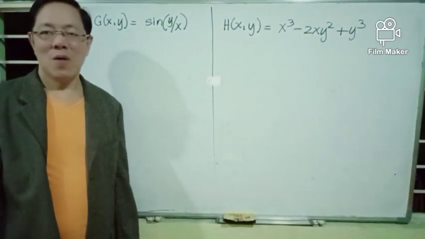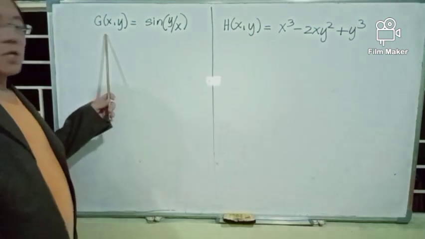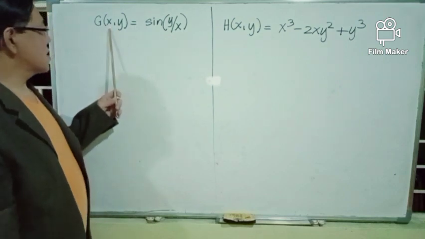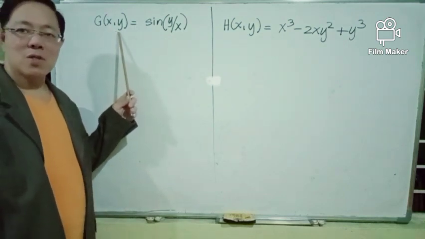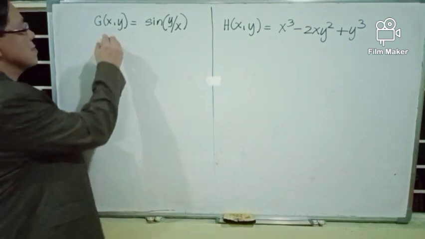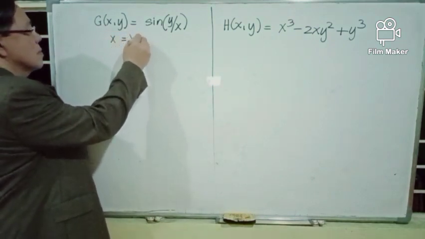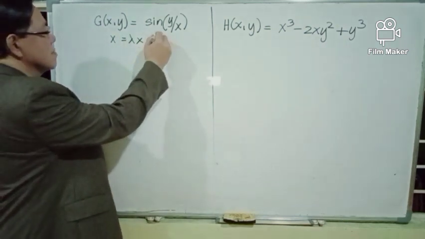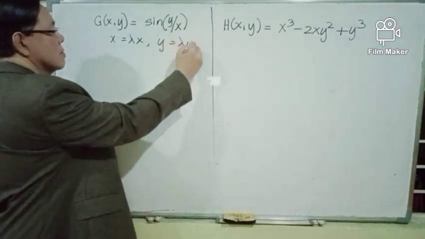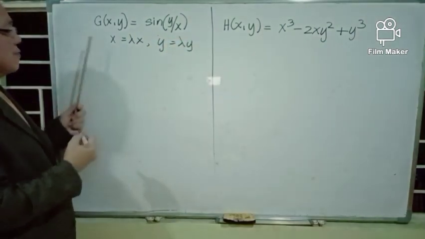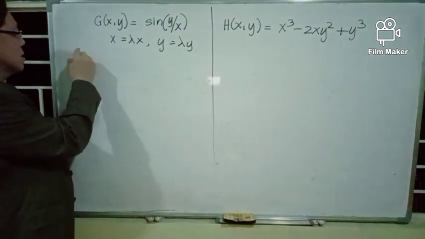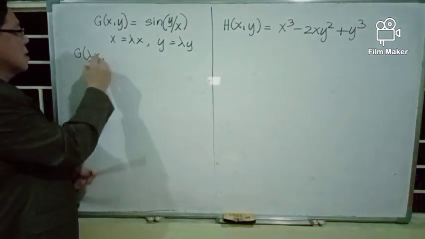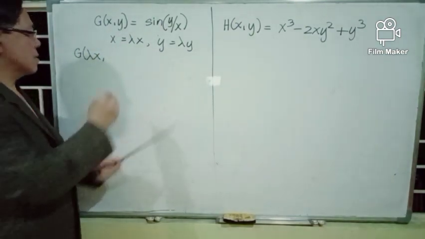For our second example, consider the given function g of x y equal to sine of y over x. To determine if this function g of x y is a homogeneous function, we replace x with lambda x and replace y with lambda y. At the left hand side we have g of lambda x, lambda y.